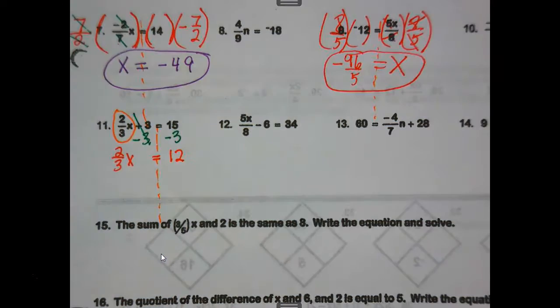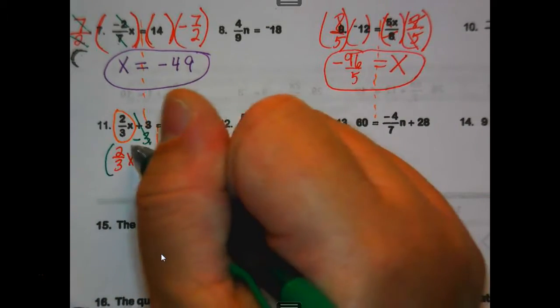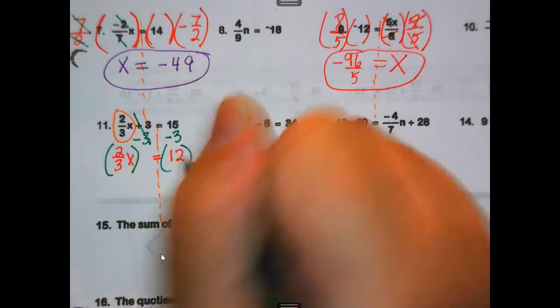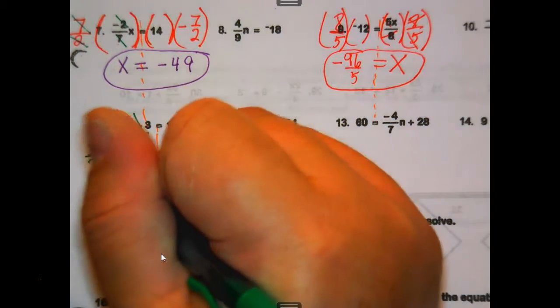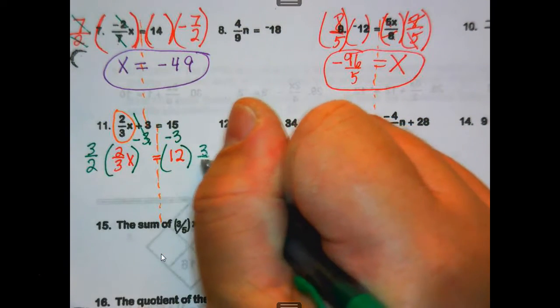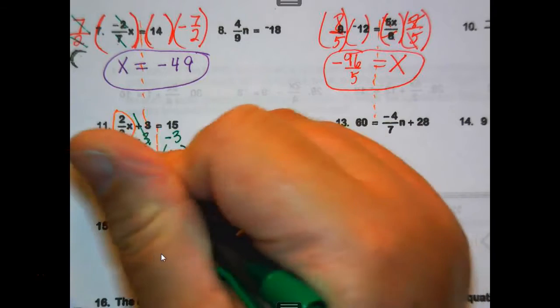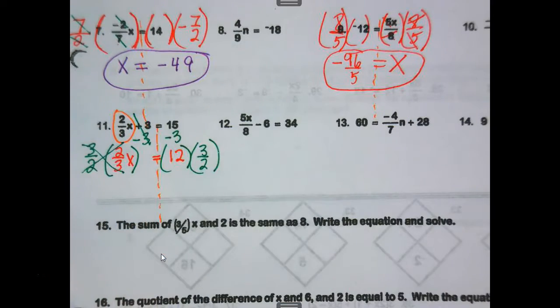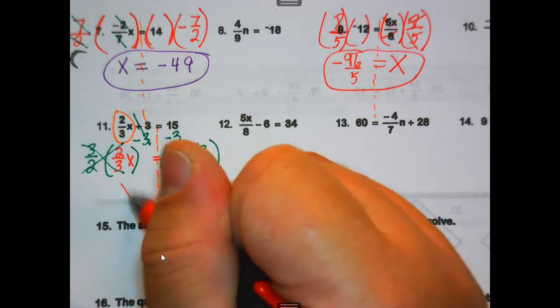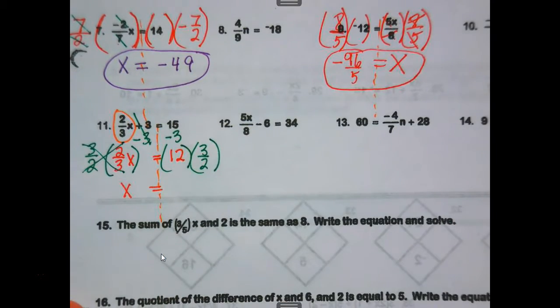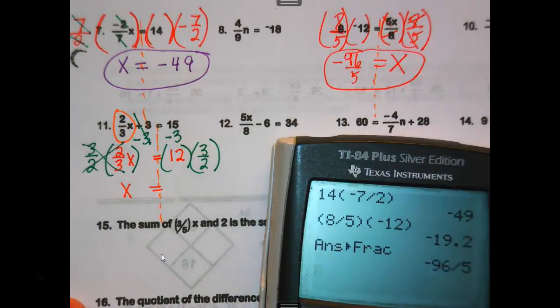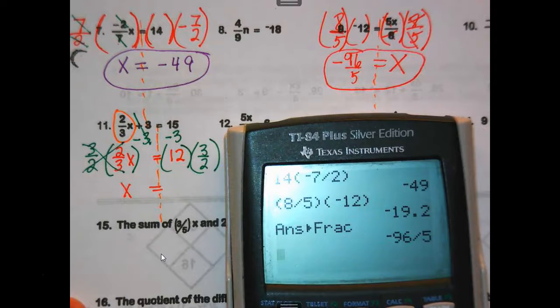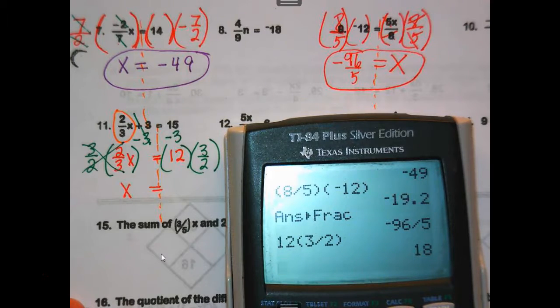I'm going to multiply by the reciprocal of the coefficient 2/3, which is 3/2. These cancel. I get x. And in my calculator, I'm going to put in 12 times the fraction 3/2, and I get 18.